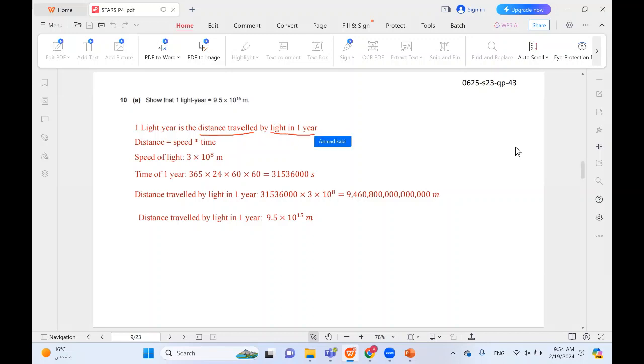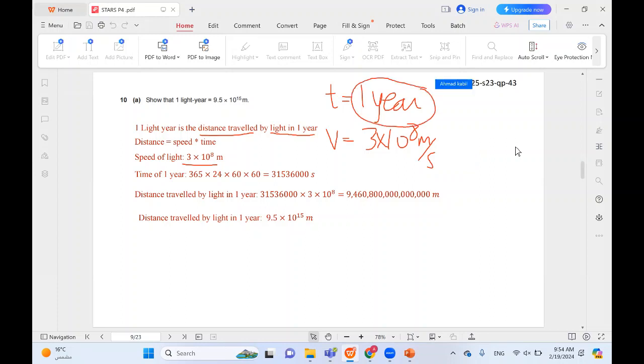So we have time, which is 1 year, and we have the speed of light, which we should know is 3 times 10 to the power of 8 meters per second. So of course, we have to convert the year into seconds. This is what we do here: 365 to go to days, and then 24 to go to hours, 60 to go to minutes, and then 60 to go to seconds.